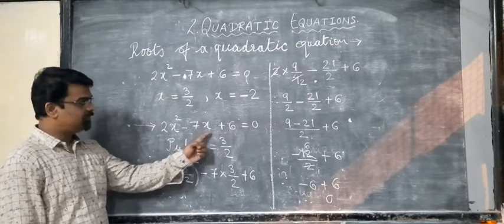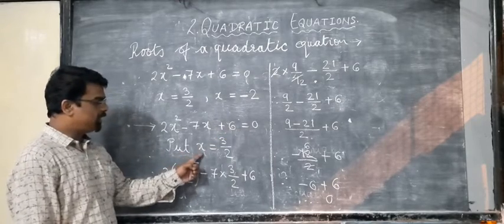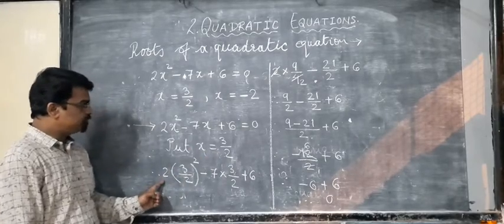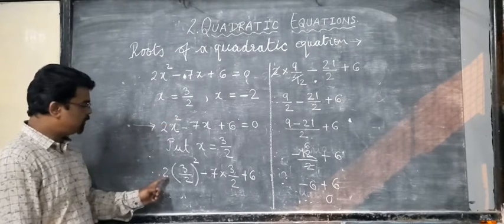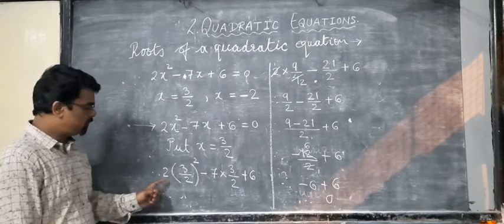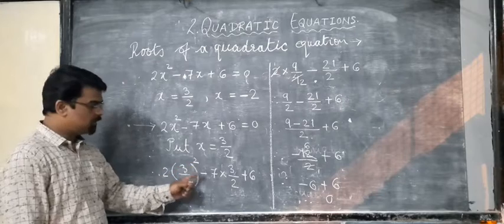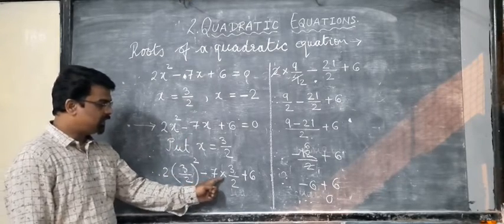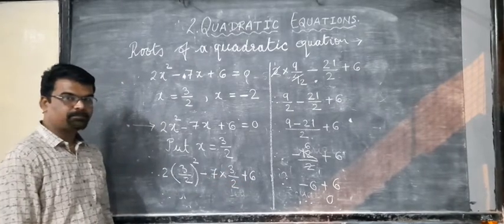2x square minus 7x plus 6 is equal to 0. Now put the value of x as 3 upon 2. Therefore, it will be 2 into 3 upon 2 whole square minus 7 into 3 upon 2 plus 6.